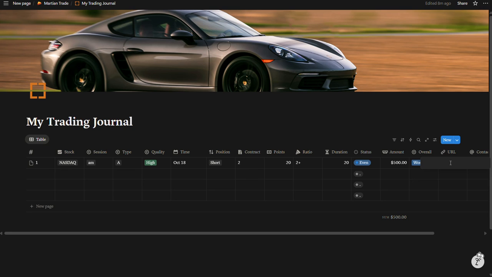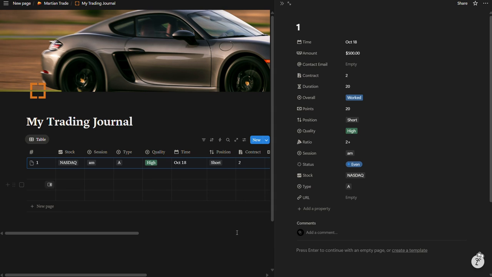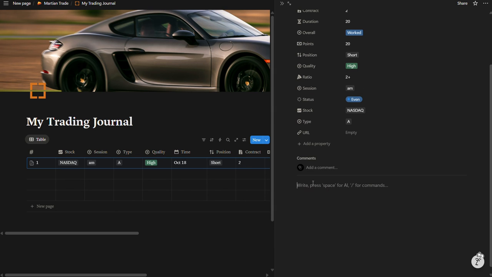You can type whatever was going through your mind when you were in that trade. And for the image, a screenshot of your trade, you can add it here.